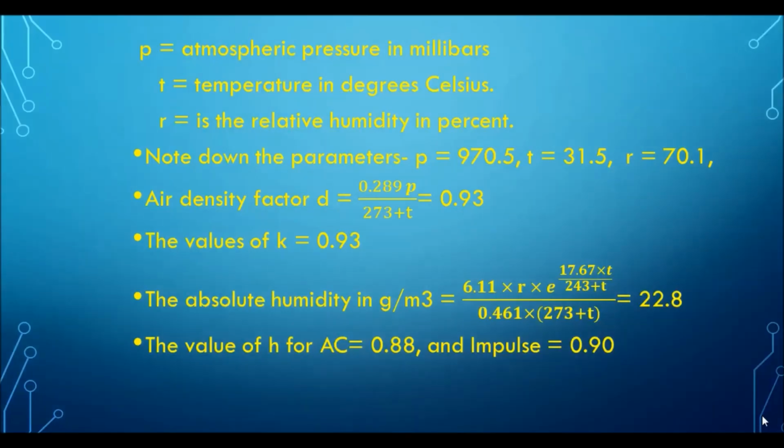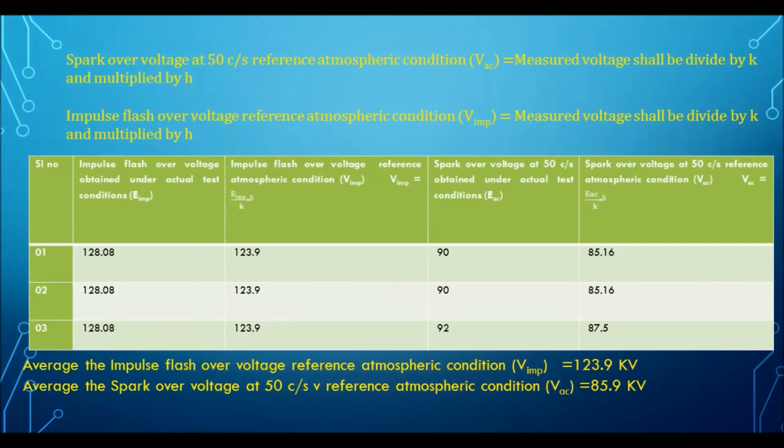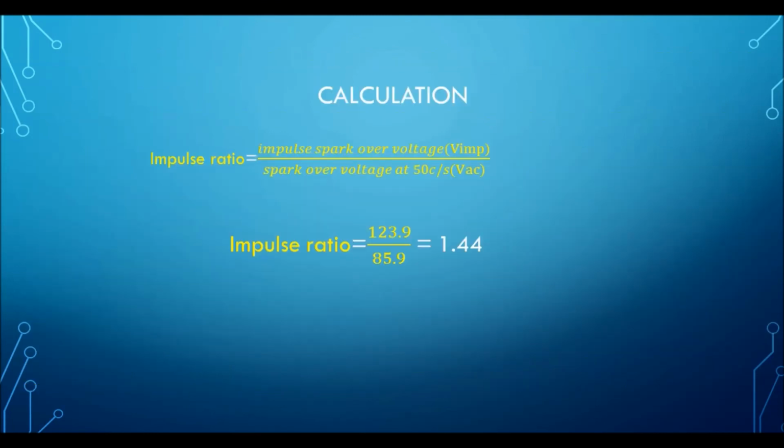See the calculation. Then finally, the impulse ratio of a porcelain pin insulator is 1.44.